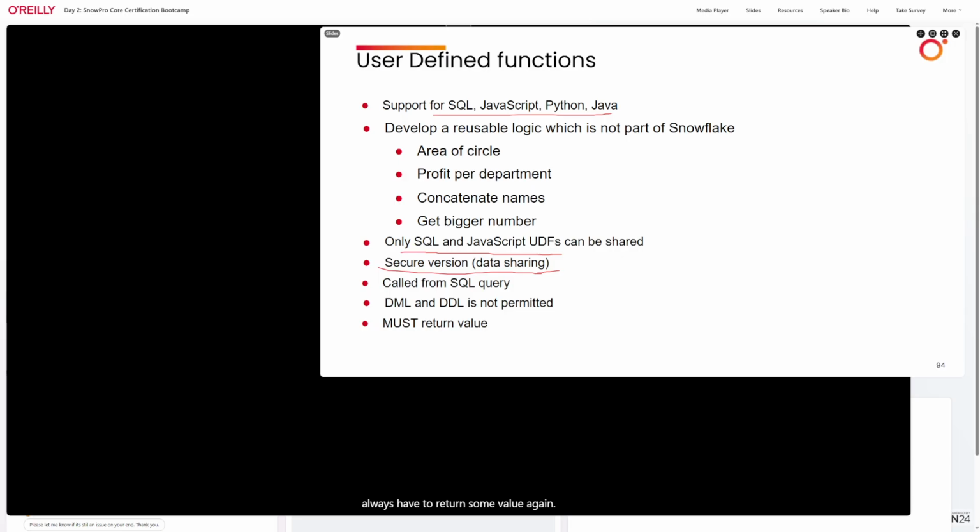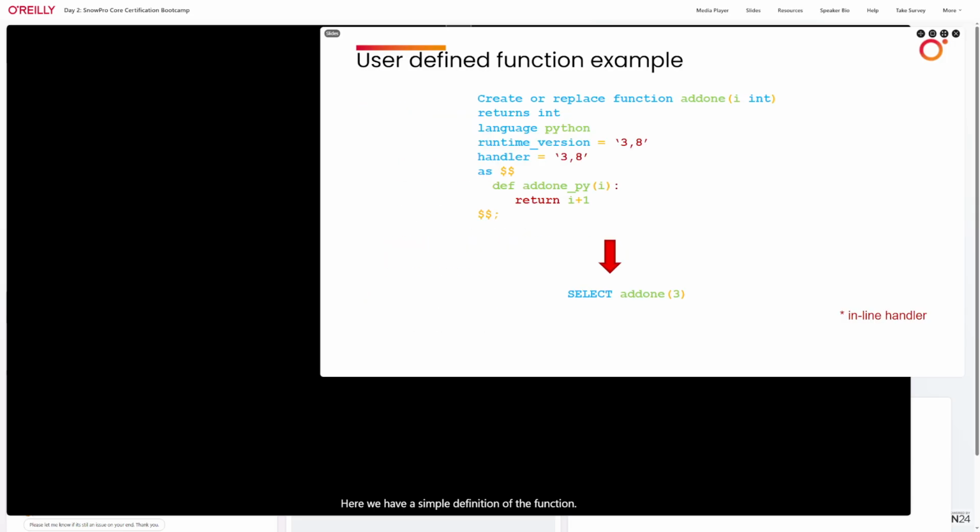Here we have a simple definition of the function, just add 1 to the input value. You can see it's in Python in this case, it returns integer. You will have to specify also the runtime version. And then here you have how to call it, directly inside the select statement.